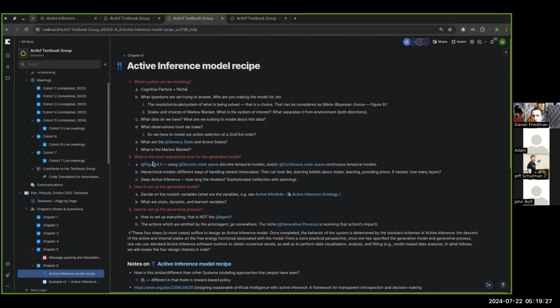And then question 3 is, how are we going to set up the particle in terms of the blanket and the internal states? And question 4 is, how are we going to set up the generative process in terms of the niche? So these four questions get us to the point of specifying the agent, including blanket, and the niche.